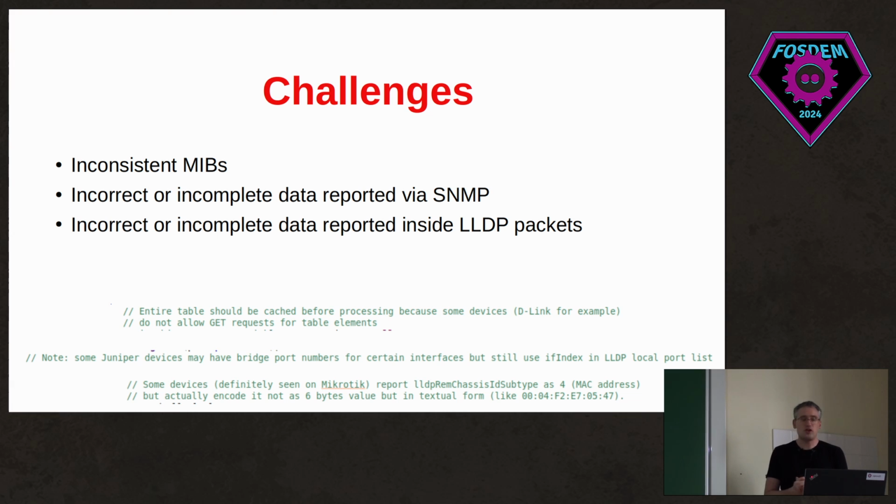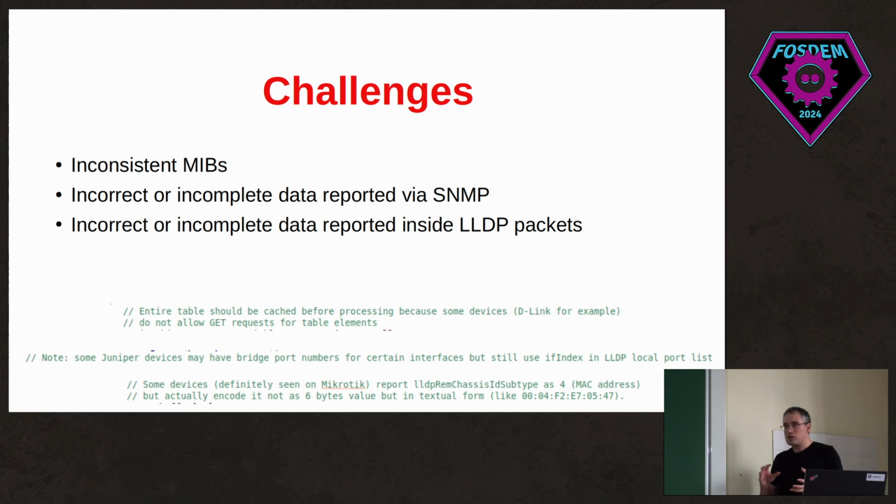We've had a lot of challenges here. LLDP is really nice in theory. The problem is there are a lot of vendors, especially maybe not from the top tier, who implement LLDP in a wrong way, so they may send wrong information in LLDP packets themselves. They may send everything correctly on the LLDP level, but they may report absolute garbage through SNMP when you read this LLDP MIB.